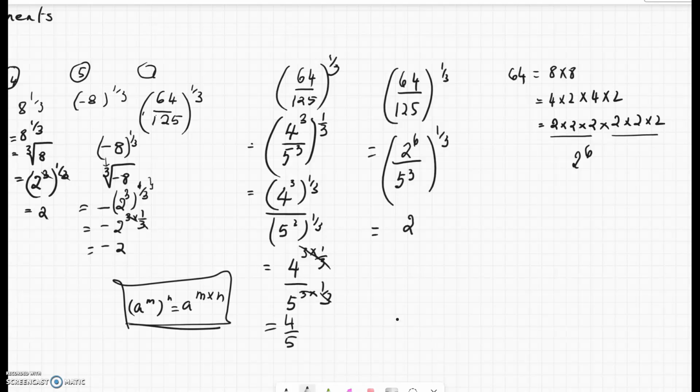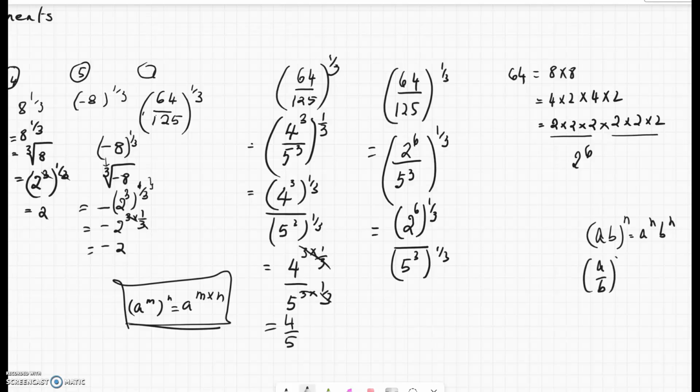Anything inside the parentheses is raised to the power of 1/3, so each number inside the parentheses has to be raised to the 1/3. And the rule is this: a times b to the n is a to the n times b to the n, and in the same way, a over b to the n is a to the n over b to the n. So that's exactly what we're doing here.